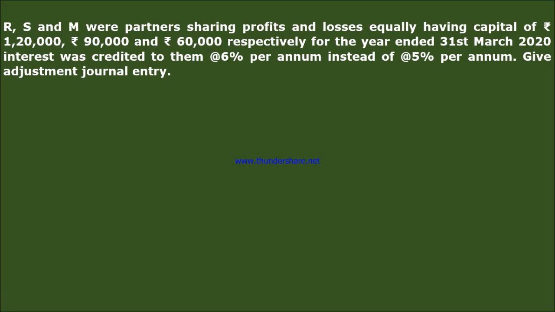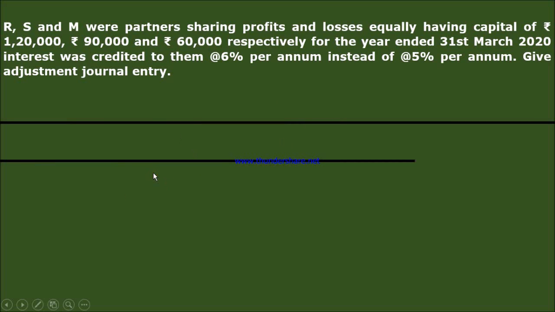And what is the basic problem here? The firm has to pay interest at the rate of 5%, but by mistake the firm has given 6% per annum. So let us see how to solve. First thing first, let us draw the format.